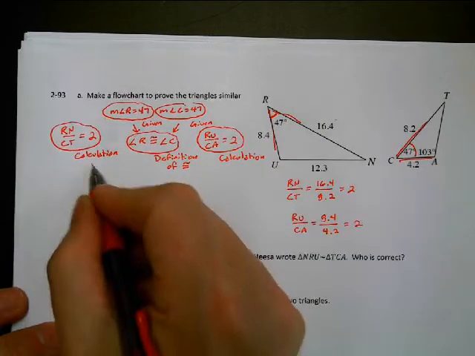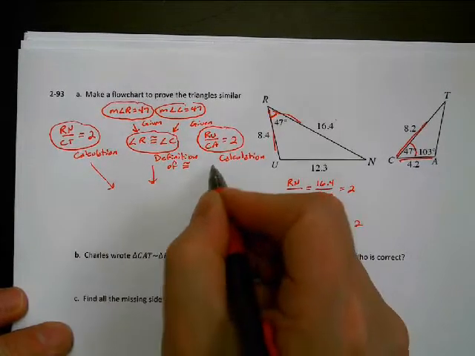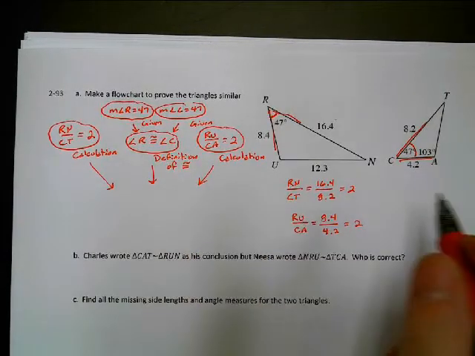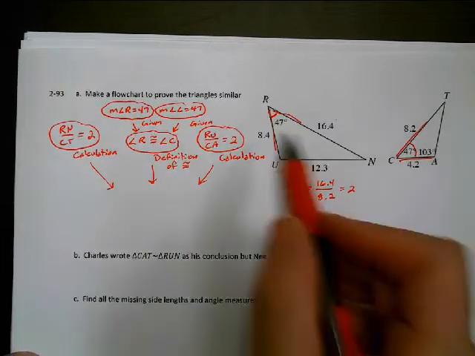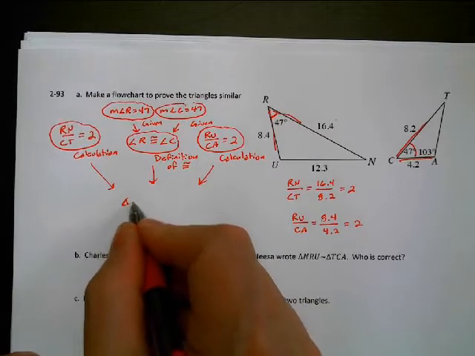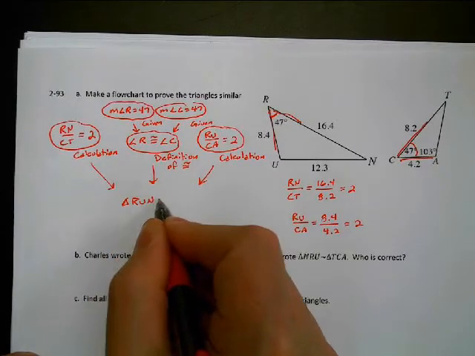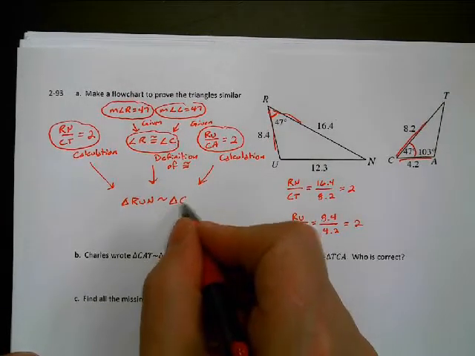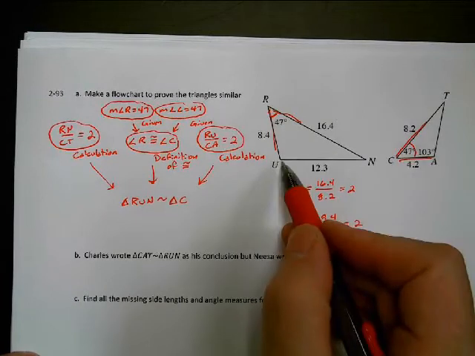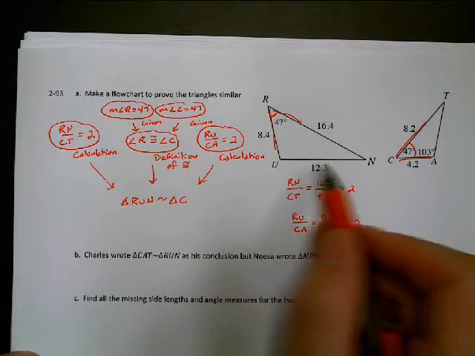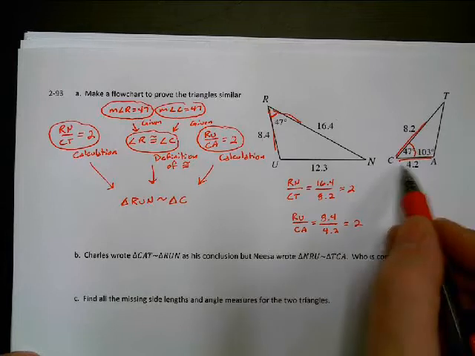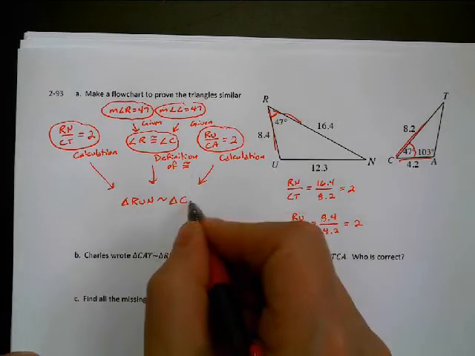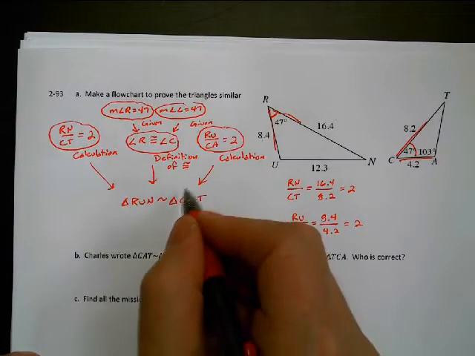I can say that triangle RUN is similar to triangle. R was the 47 degrees, so that goes with C. U was between the small side and the unmarked side, so that would go with A, because A is between the small side and this other one we didn't use. So it looks like we got RUN, CAT. And that is by side, angle, side similarity.